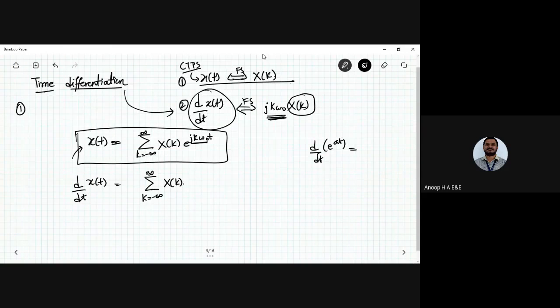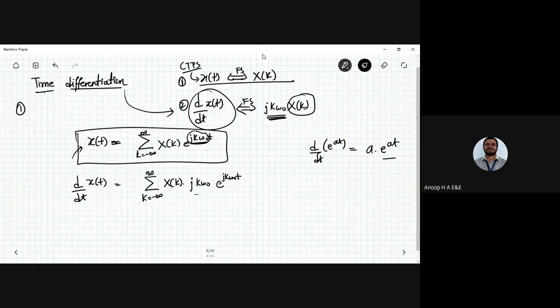What is d by dt of e power at? Can I write it like this? That is a into e power at. So this entire term is taken as a, that is j into k into omega naught, into e power j into k into omega naught into t.